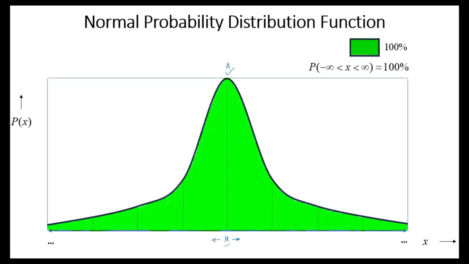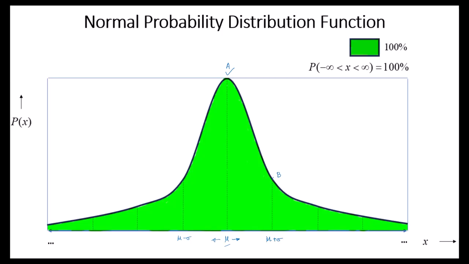Another characteristic of the normal PDF is that if I go on the right-hand side and take the point mu plus sigma, and draw a perpendicular, and call this point B, the probability represented by point B will be the same if I go towards the left-hand side. The equidistant point on the left-hand side will be mu minus sigma.